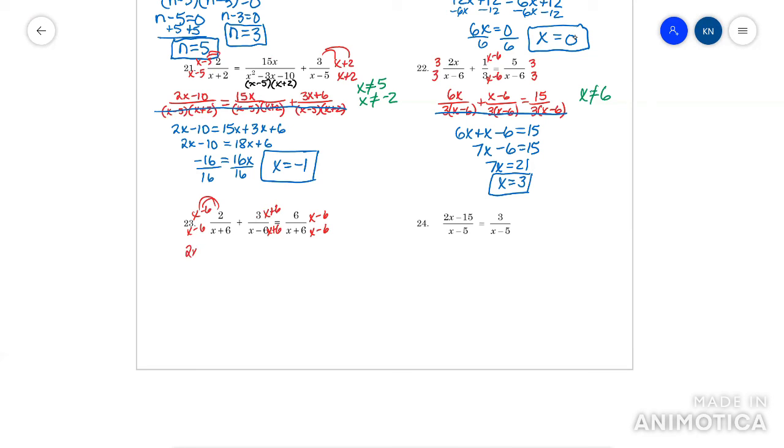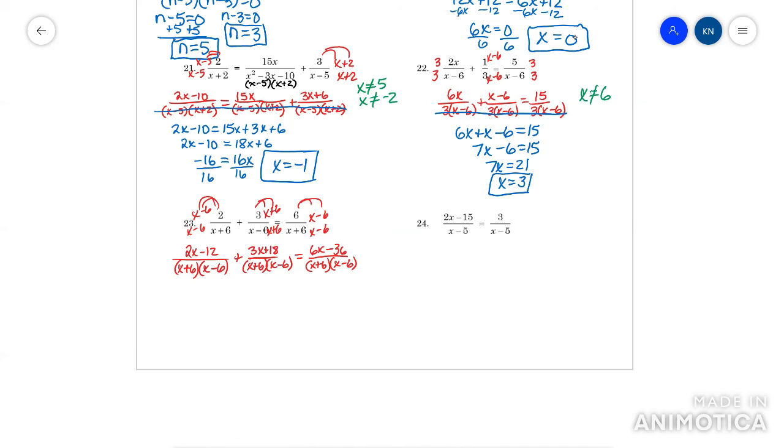You get 2x minus 12 over common denominator plus distribute 3x plus 18 over common denominator equals distribute 6x minus 36 over common denominator.